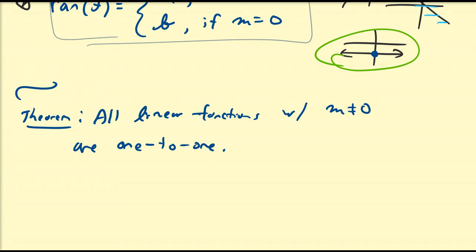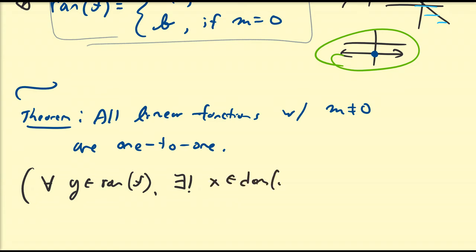What do I mean by a function being one-to-one? In formal notation, that means for any y that we choose located in the range of our function, there exists a unique x in the domain of f such that f of x is equal to y.